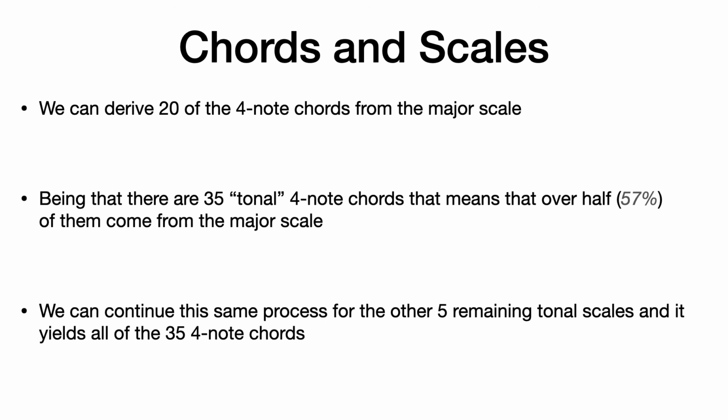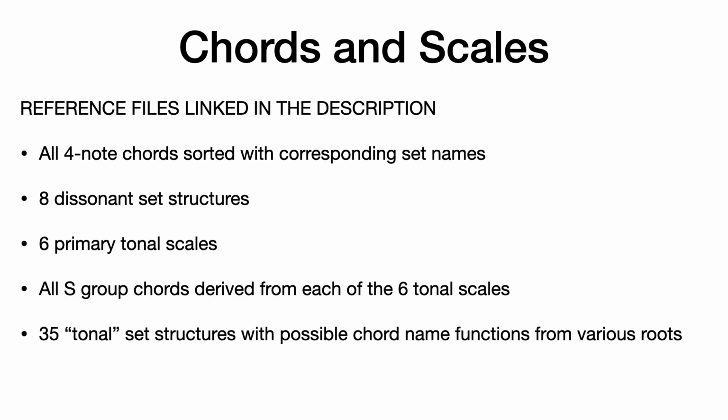If you want to start exploring those 8 dissonant sets, I've included that in one of the files in the description. So here are the files that are all referenced in the description with a link. All 4-note chords sorted with corresponding set names. There's a file for the 8 dissonant set structures.